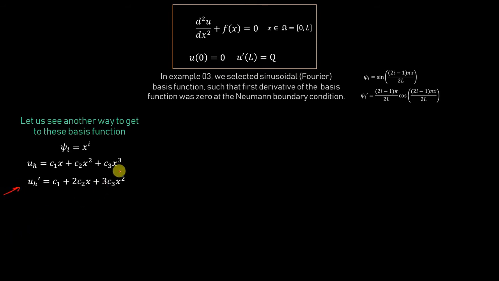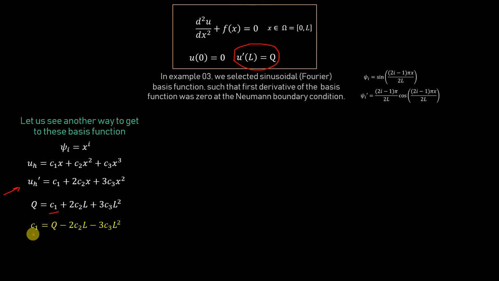We have constructed the trial solution from these basis functions. Now we know that we need to satisfy this condition: u dash at L is Q. Now if you evaluate this expression at L, this becomes Q, x becomes L, x square becomes L square. Now from this expression you can separate c.